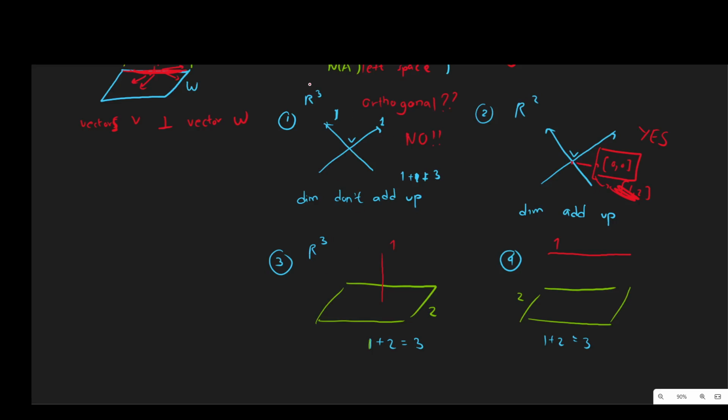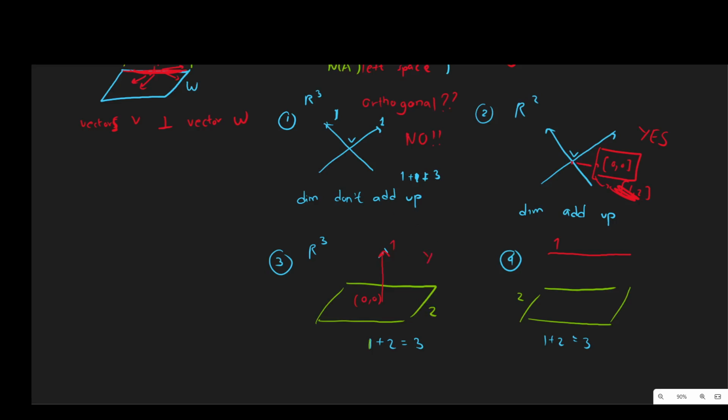And we move on to the third example here. This is also a quick example from the book. We live in R3 and we have these subspaces: a line, which we want to say goes through the origin, of dimension 1, and this green space that is of dimension 2. Is it orthogonal?